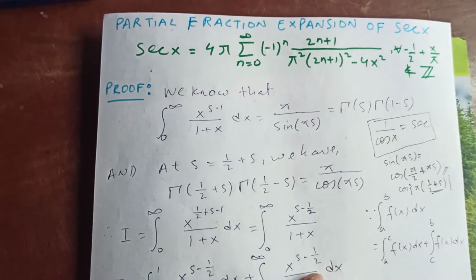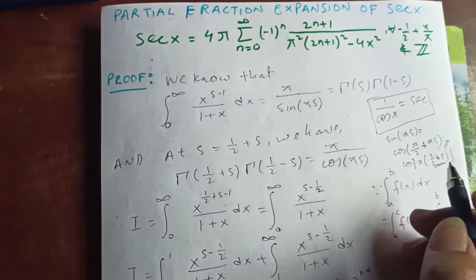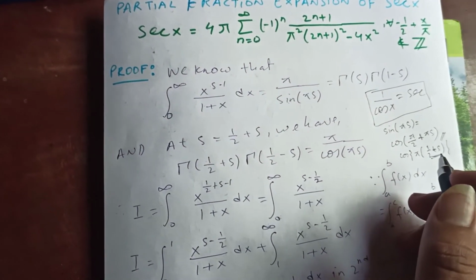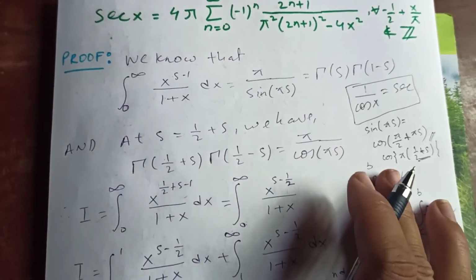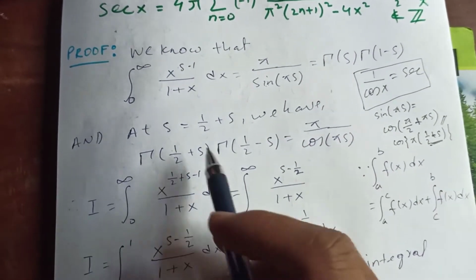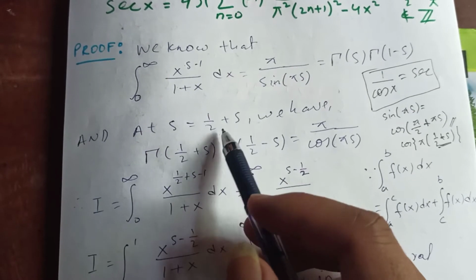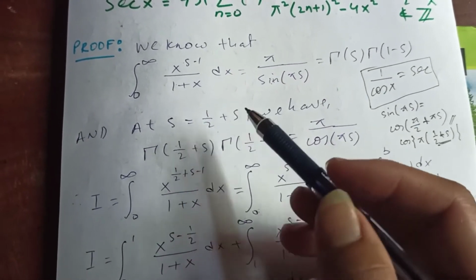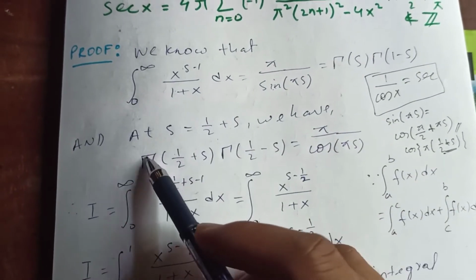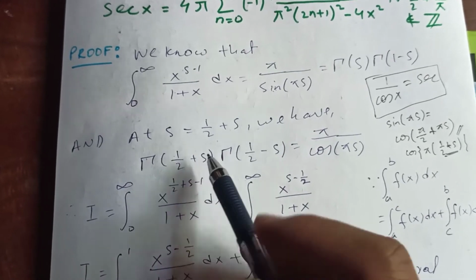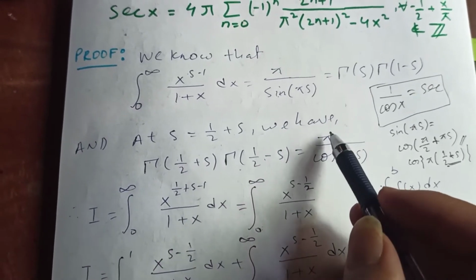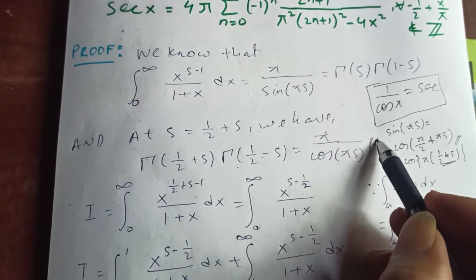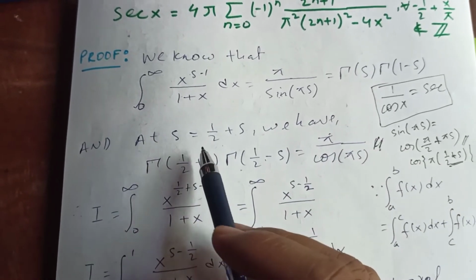Therefore, if you substitute s equal to 1/2 plus s, and we have already evaluated in the previous result that Γ(1/2 + s) Γ(1/2 - s) is π over cos πs.